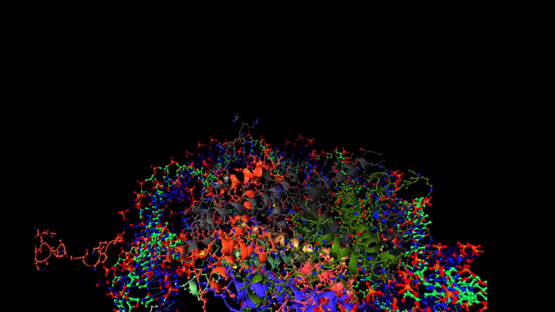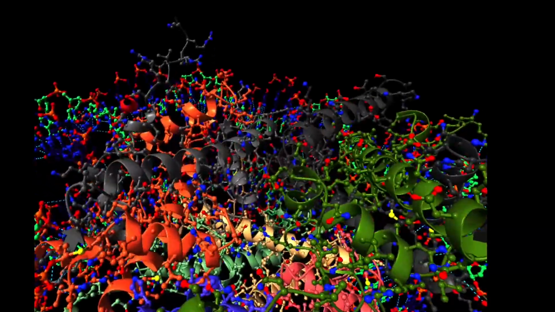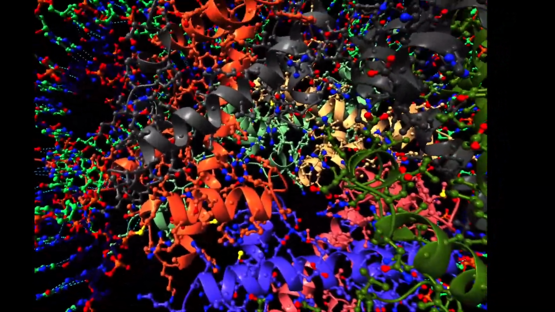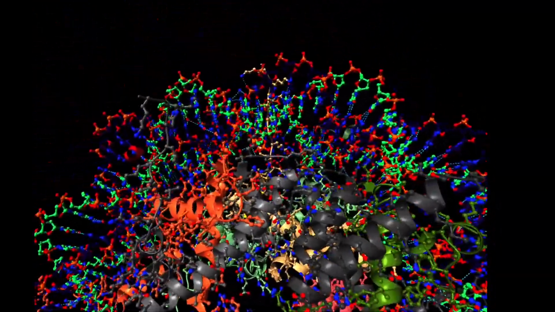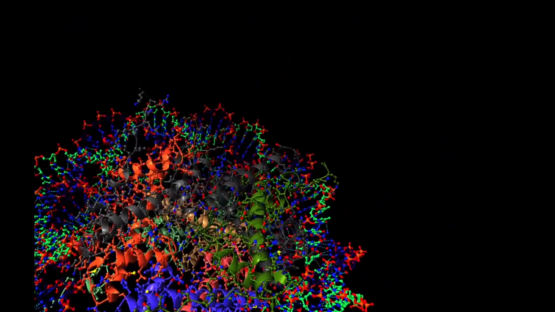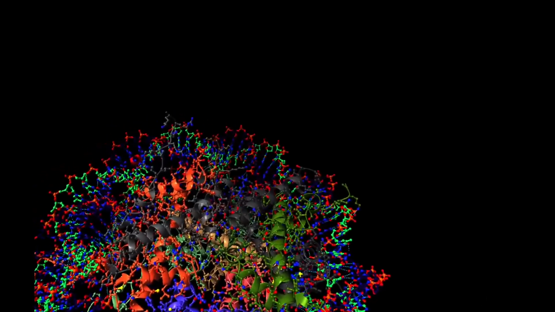So as we all know, acetyl group is a group with basically a methyl group and a carboxy group. So it's CH3C double bond O. That oxygen actually confers a very highly negative charge to the group.